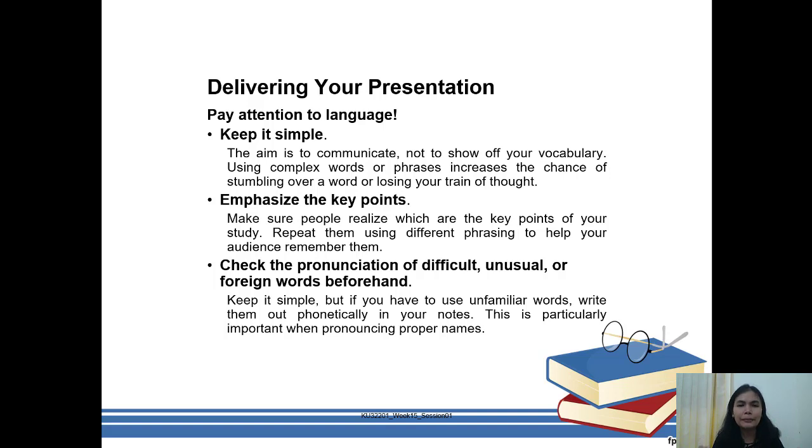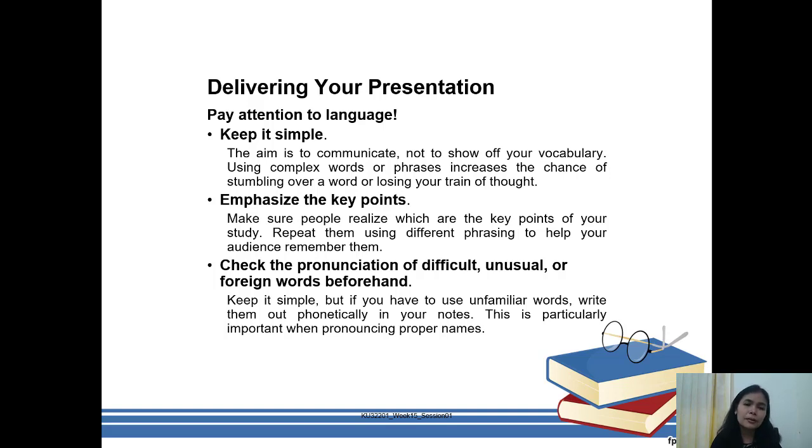Make it simple. Probably I would say simple sentences are best. If it is too complex a sentence, the audience will lose the chance to understand what you're saying. Okay, and then after that, make sure you emphasize the key points.